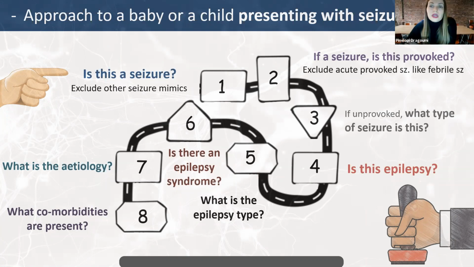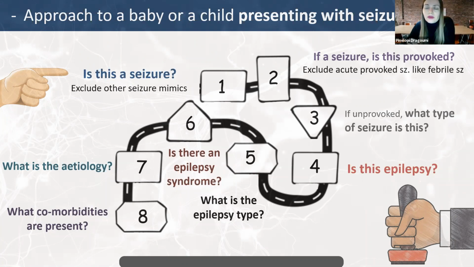Then we need to actually think if there is an acute provoked seizure, so something that directly caused the brain to be more excitable, or is it an unprovoked seizure? And then if we have a recurrence of unprovoked seizures, then it is epilepsy, and we need to clarify which type of epilepsy we're facing.